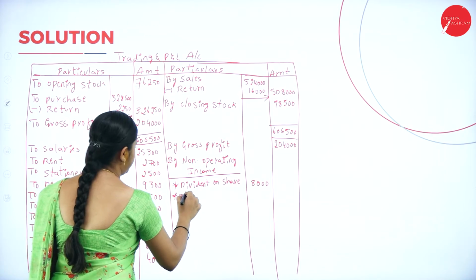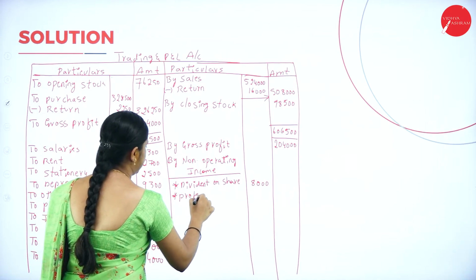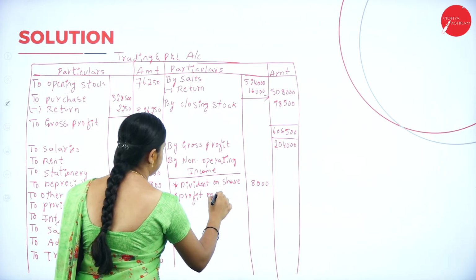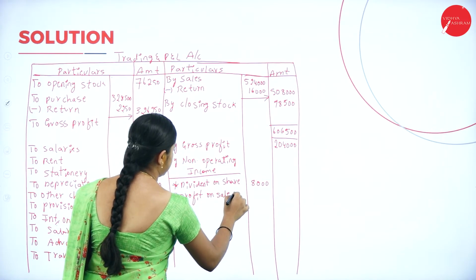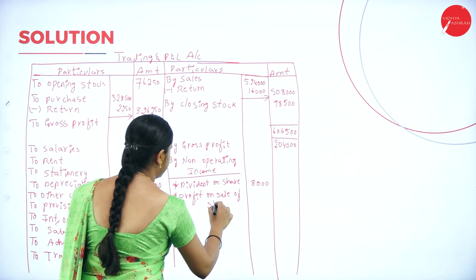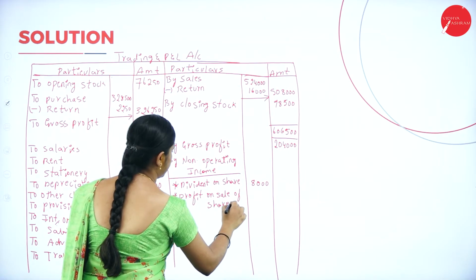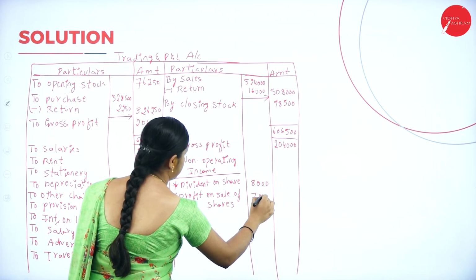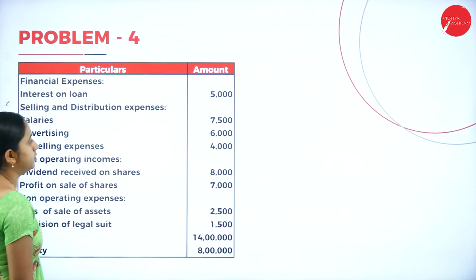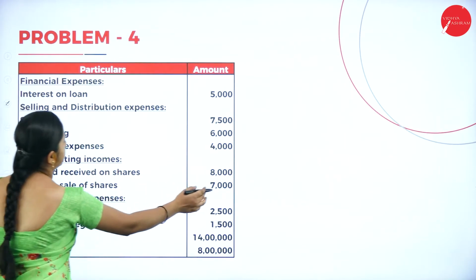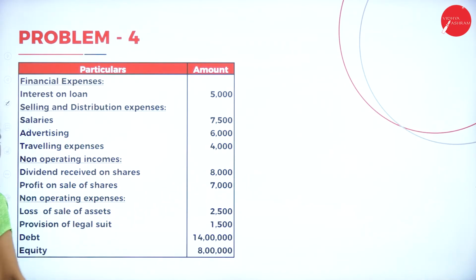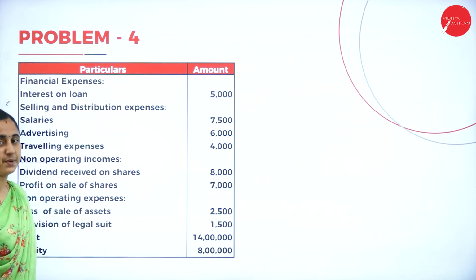Next, profit on sale of shares 7,000. Next, non-operating expenses.